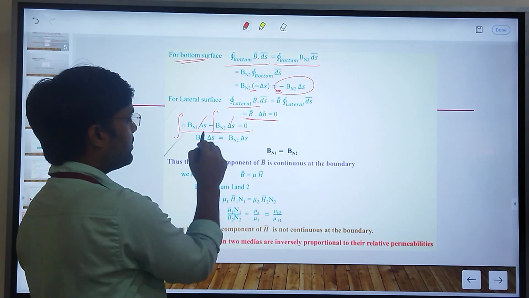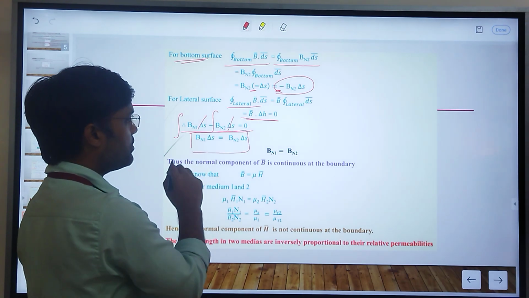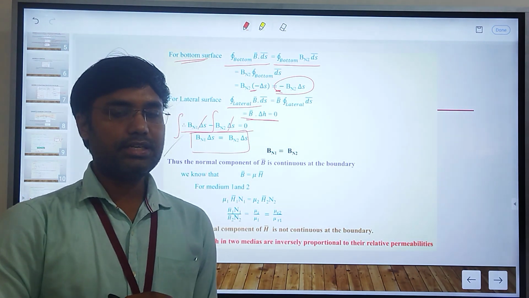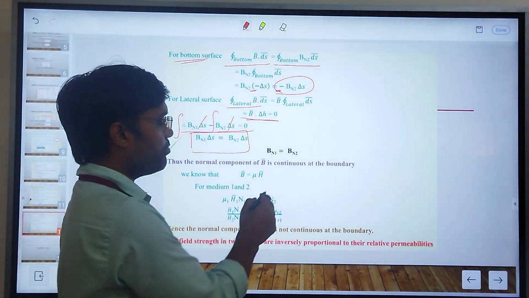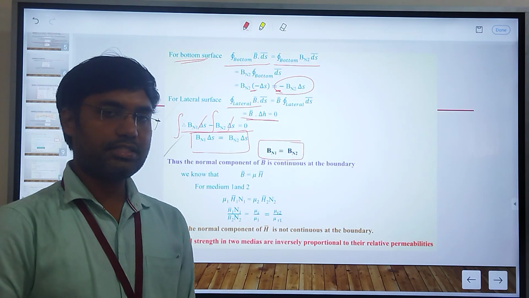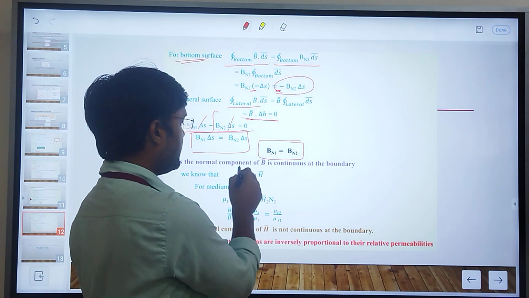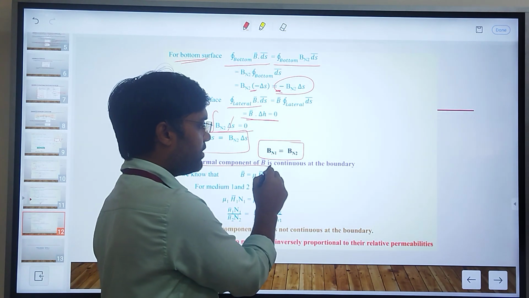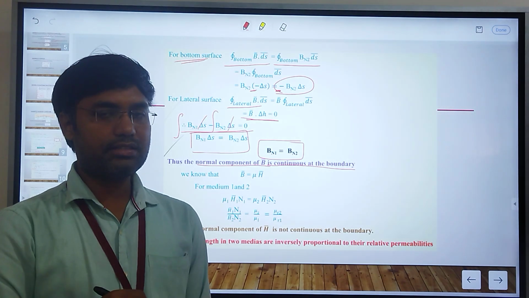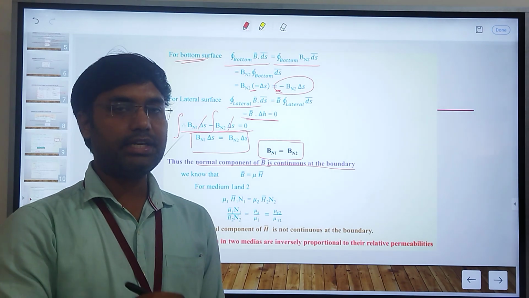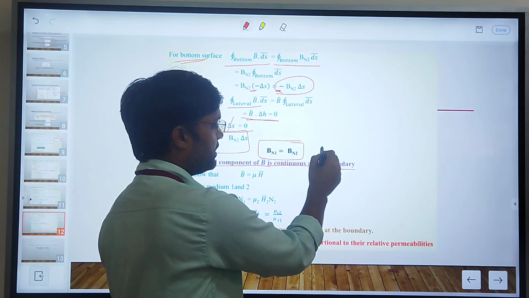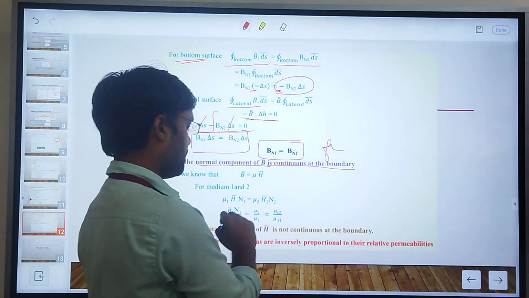So we can write here Bn1, the normal component of first magnetic flux density, is equal to Bn2, the normal component of second medium's magnetic flux density. So this is the relation. It means the normal component of magnetic flux density is continuous at the boundary. It does not depend on whatever material has been taken above the boundary. So it is free from material.